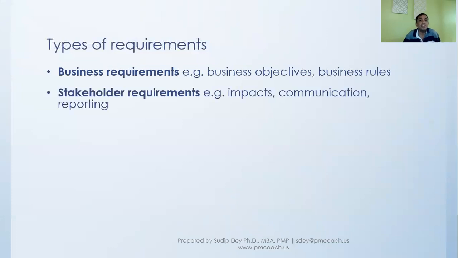And then there are the stakeholder requirements. The stakeholder requirements are about who the different stakeholders are, how they'll be impacted, what kind of communication we will be doing with them, and what kind of reporting we'll be doing with them. When we understand different stakeholder requirements, we will understand two things.